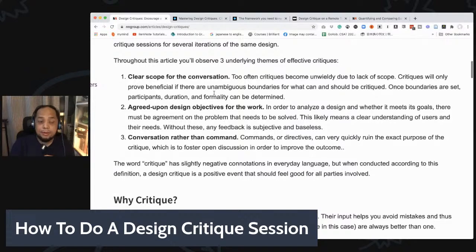In my experience, it has worked for me when design critique sessions were also part of the research process, when the team was also part of the research process, especially if they've seen some of the actual interviews themselves. They have a better idea of what's happening, why certain designs would work.